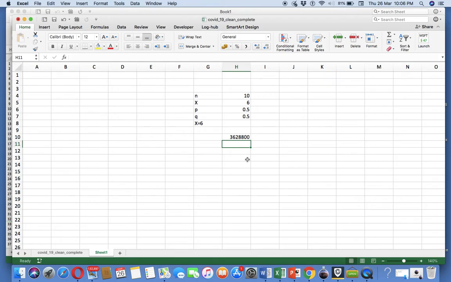N minus x factorial is FACT of n minus x.